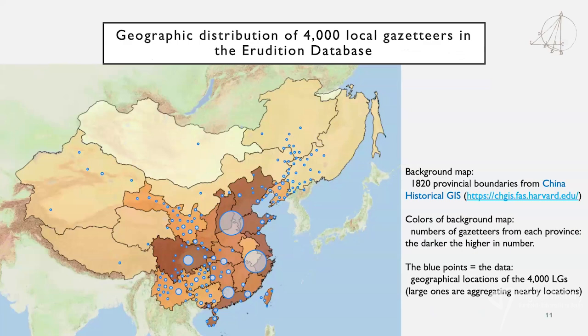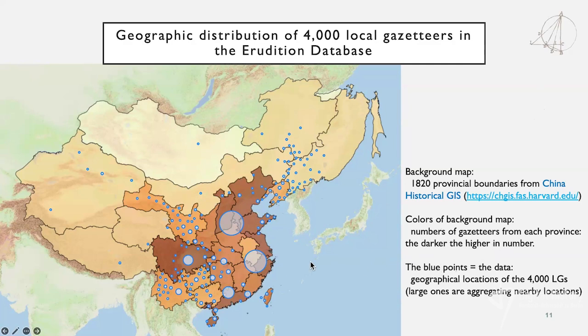And we can also see the geographic distribution of those 4,000 gazetteers. Here I'm using a background map of the 1820 provincial boundaries provided by CHGIS. That's an infrastructural project done by Harvard University and several other universities, and they created the polygons for historical studies. The background map has orange and yellow colors, which represent the number of gazetteers in each province.